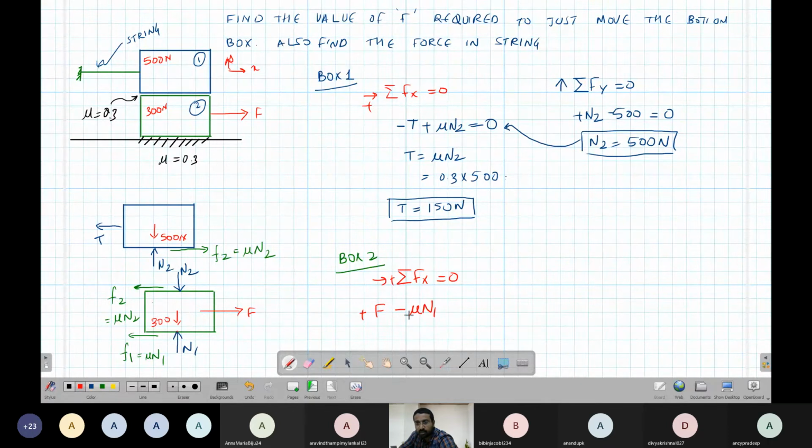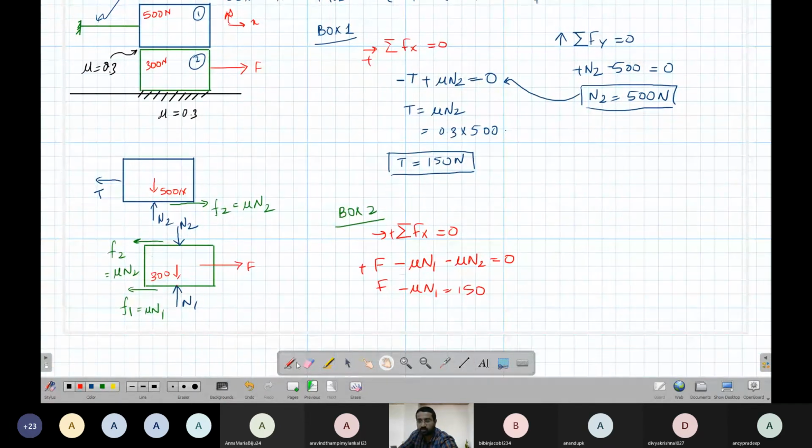We have a mu N2, that is also minus sign. The value of mu times N2 we know, it is 150. So we can say F minus mu N1 equals mu times N2, that is 150. This is an equation that we'll use.